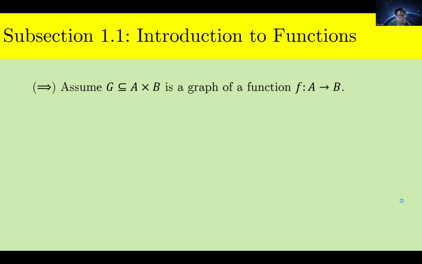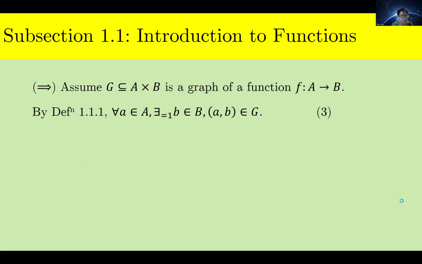Assume G, a subset of A × B, is the graph of a function f from A to B. By definition 1.1.1, for all a in A there is a unique b in B such that (a, b) is in G. We write this as (3).